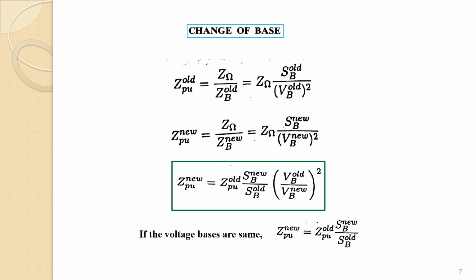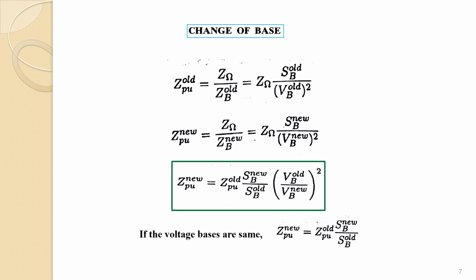That is, a common system base needs to be selected in order to carry out the analysis. An arbitrary base for the apparent power can be selected and then the voltage base must be selected. The remaining voltage bases can be determined by the various transformer turns ratios. That is, the per unit impedances need to be referred to a new voltage base, which is different from the one selected by the manufacturer.